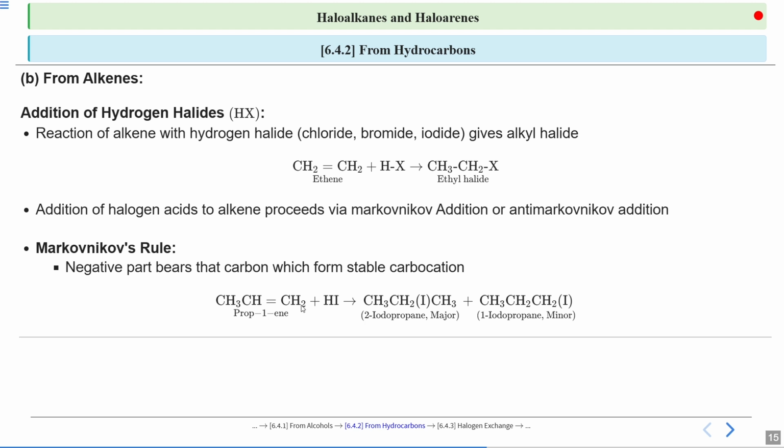Because if the hydrogen goes to the second carbon instead, the positive charge will come at the first carbon and make it a primary carbocation. So a secondary carbocation is more stable than a primary carbocation. That's why the I negative will go to the stable carbocation carbon. So your major product is 2-iodopropane, and remember, we are studying this according to the Markovnikov rule.